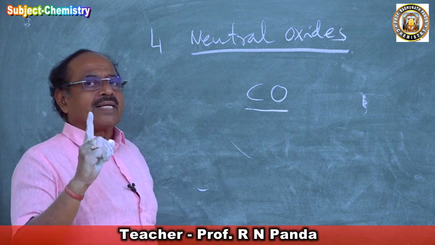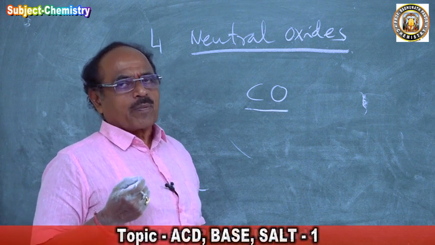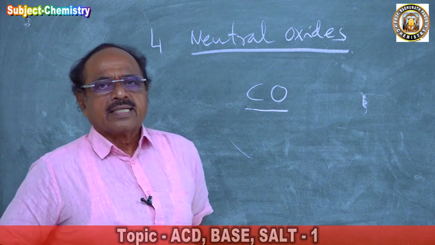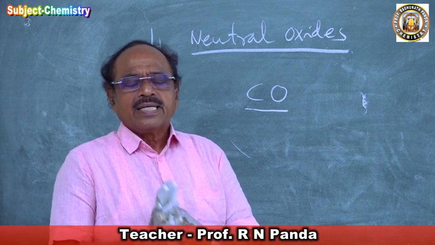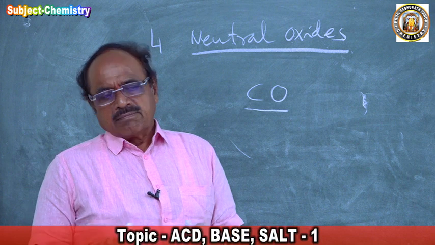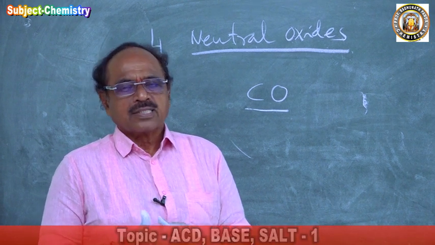In one reaction, carbon monoxide exhibits acidic property. A question will come in your entrance exam: name the neutral oxide which exhibits acidic property in one reaction. It is when carbon monoxide reacts with sodium hydroxide to form sodium formate.